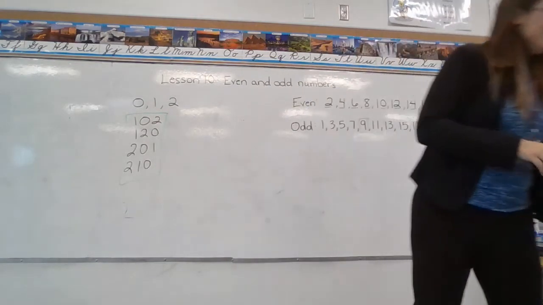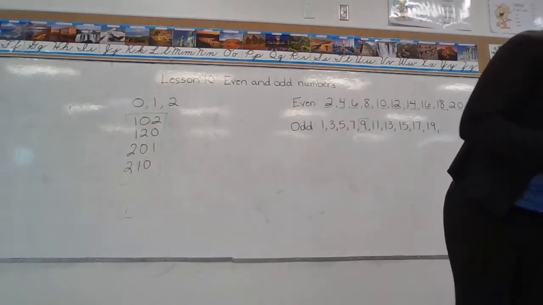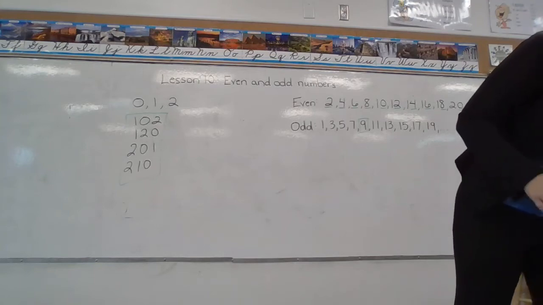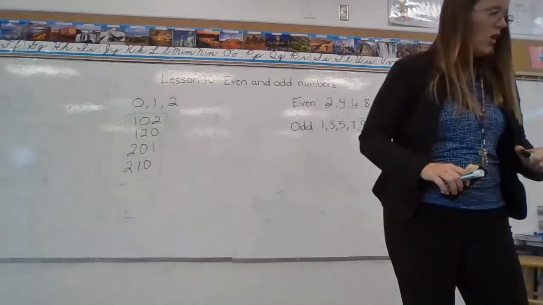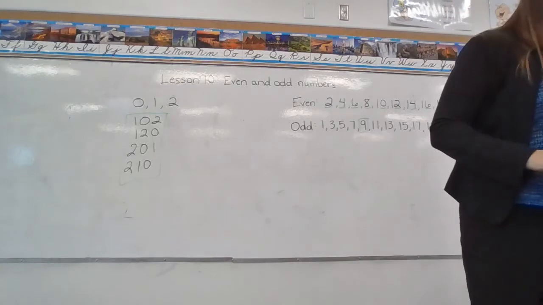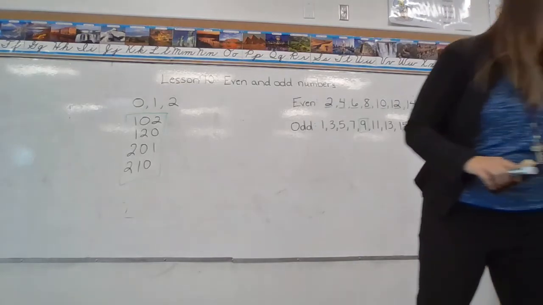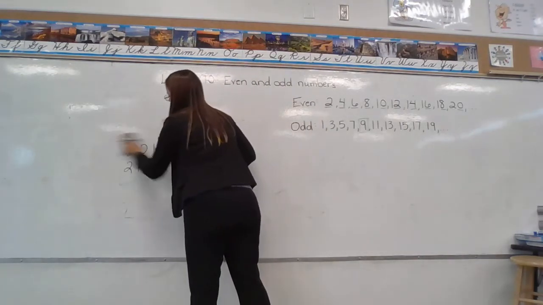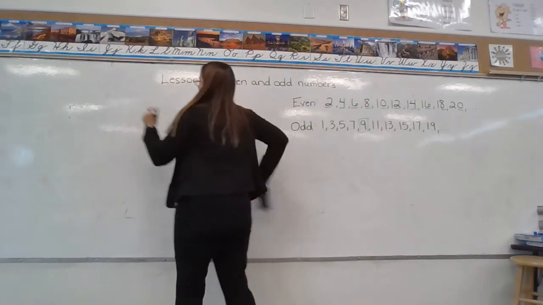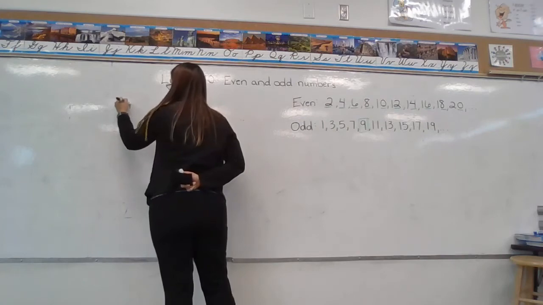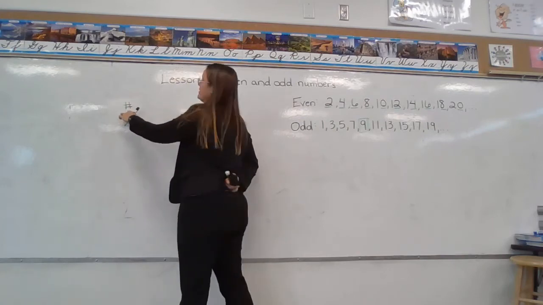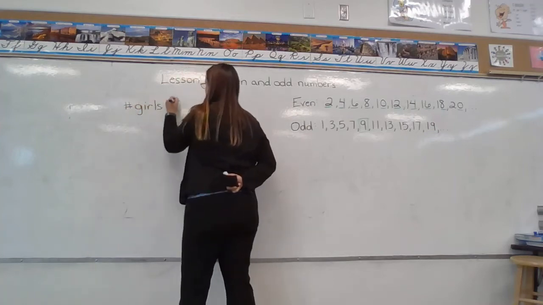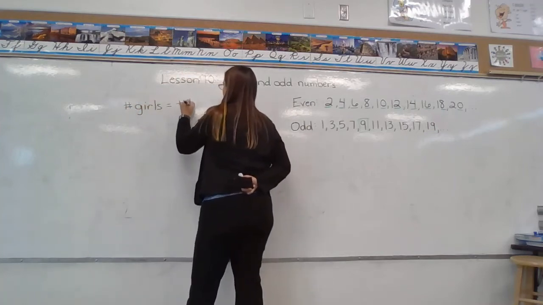Okay, now moving on to the final example, it says the same number of boys and girls were in the classroom. Which of the following numbers could be the total number of students in the classroom? So here's what we know. We know that the number, this is a symbol for number, the number of girls is equal to the number of boys.